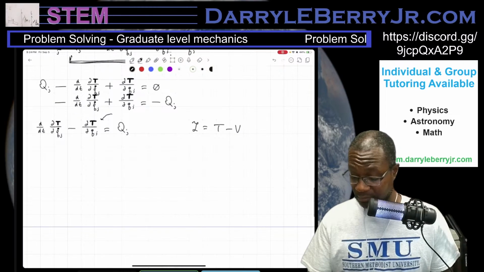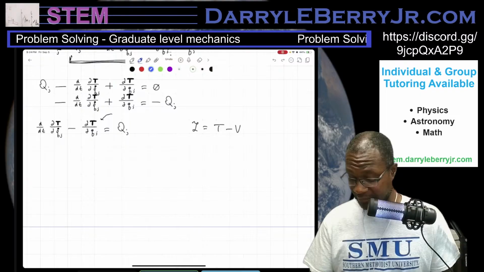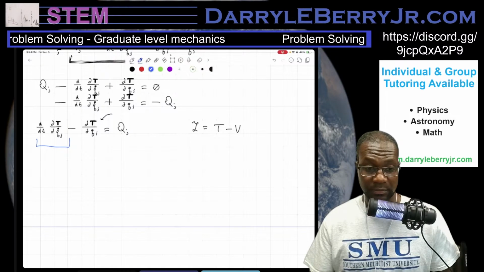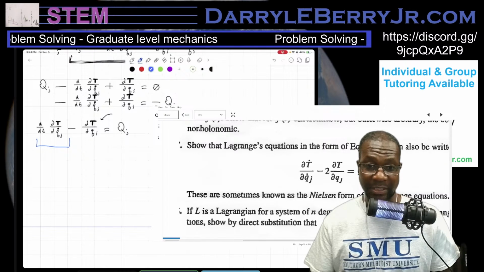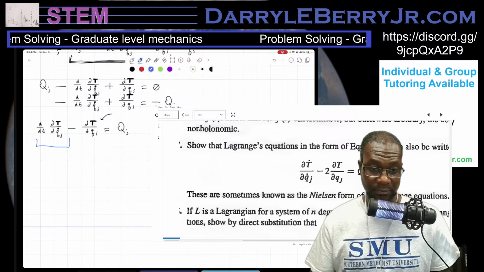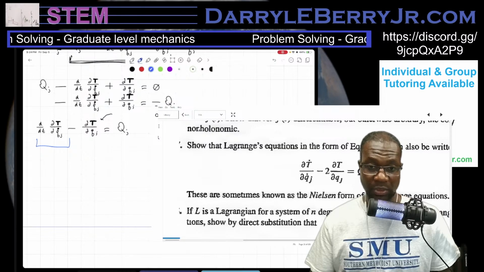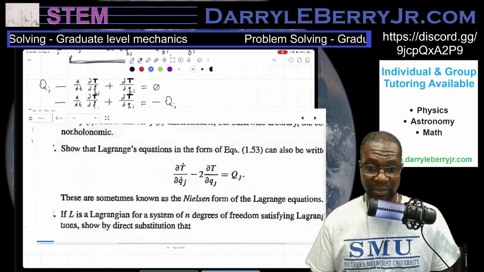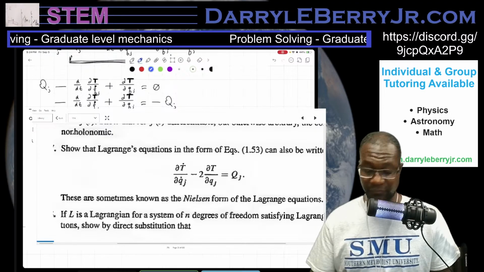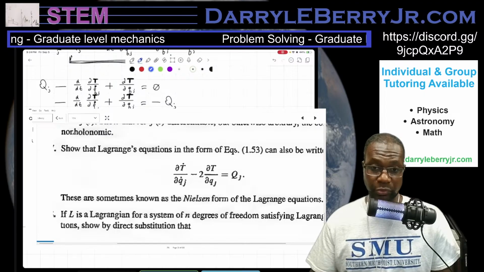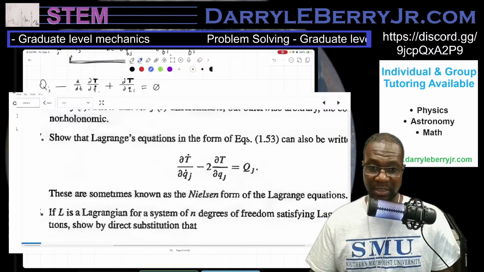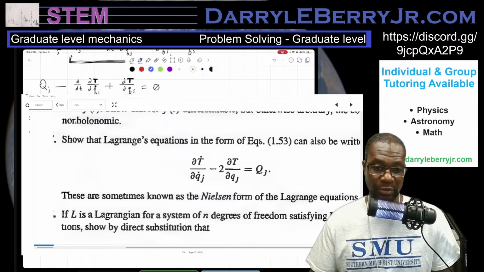I'm going to derive it out. I need to show after I take the derivative that it equals, and let me move the book over a little bit, that it pops out the same thing plus an extra negative partial T over partial qj. So that way we can show the proof that we need to show.